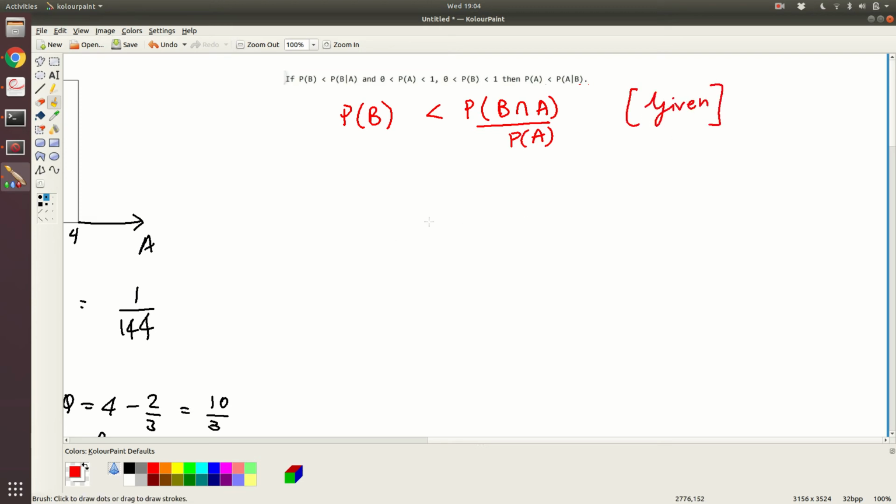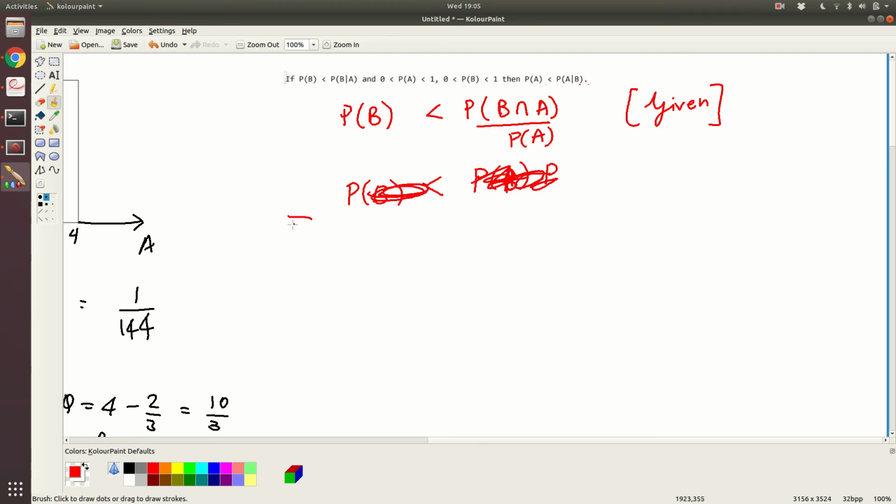Now we want P of A given B somewhere, so let's write it in a way so that we get that. What we do is we just do a simple switch.